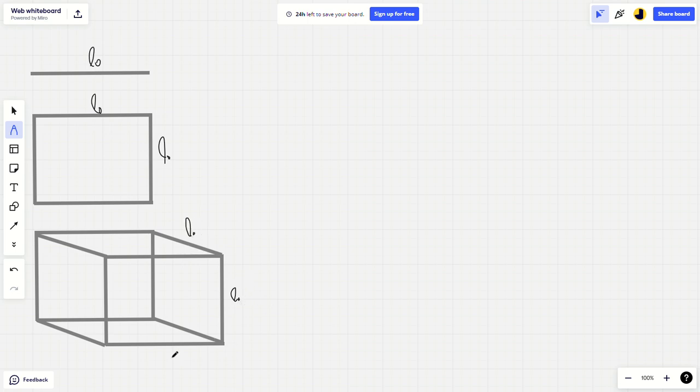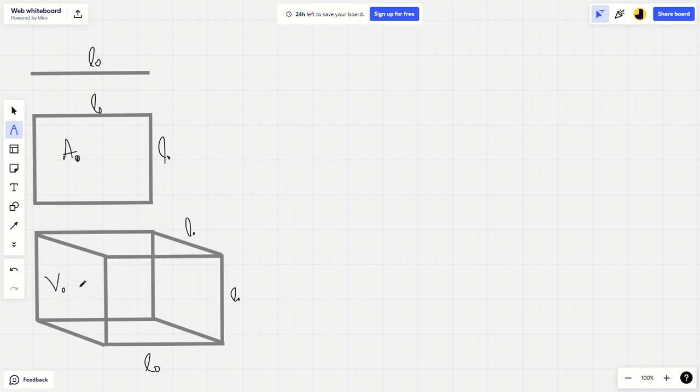So this and of course this are equal to L0, and we know that the area of the square, let us consider the initial area, was A0, and we know that the initial volume of this cube was V0. We are assuming this, okay?